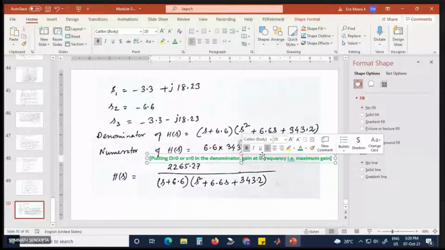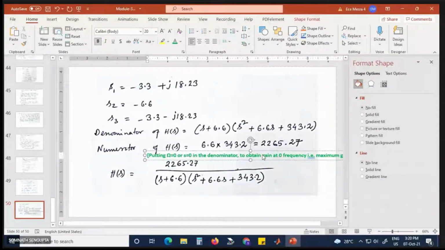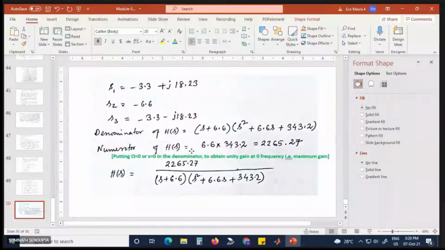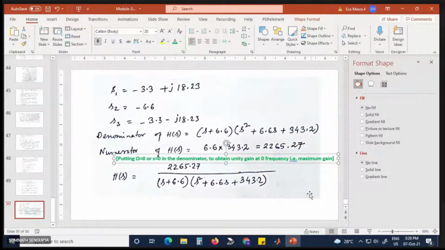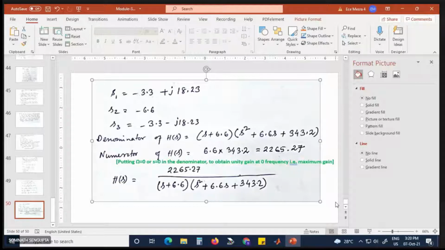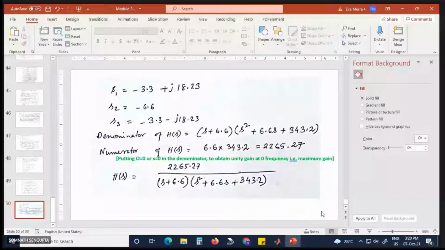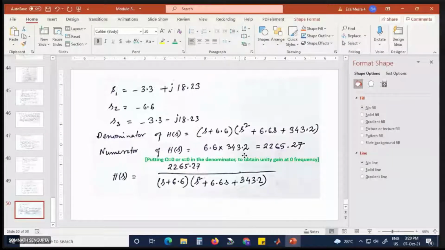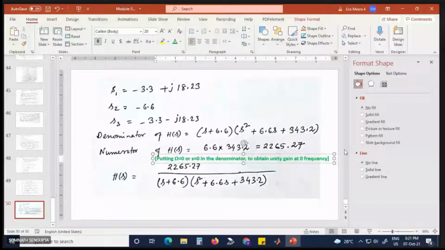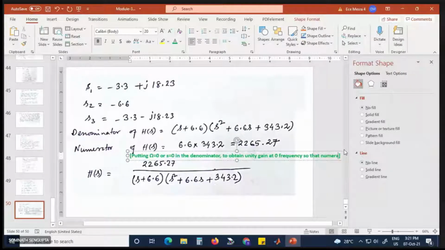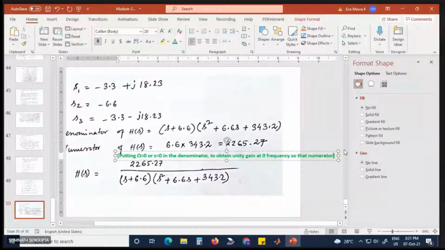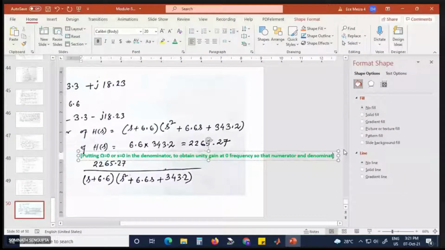To obtain unity gain, or gain at zero frequency, that is the maximum gain, you have to keep the same value in the numerator, so that when frequency omega is equal to 0, the numerator and denominator cancel.